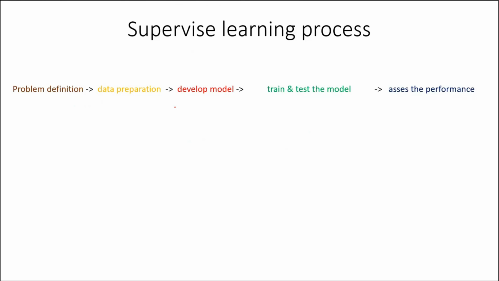It's compulsory. You've got 1, problem definition, data preparation, develop model, train and test the model, assess the experiment. These 5 steps you must remember and stick in your head when you do AI, machine learning, deep learning, or whatever.